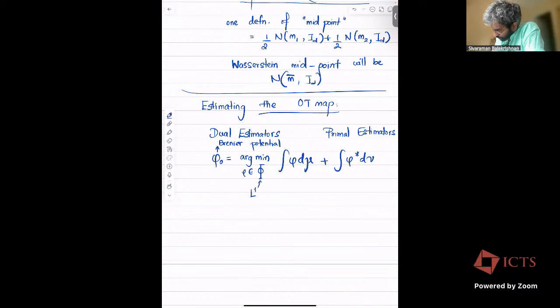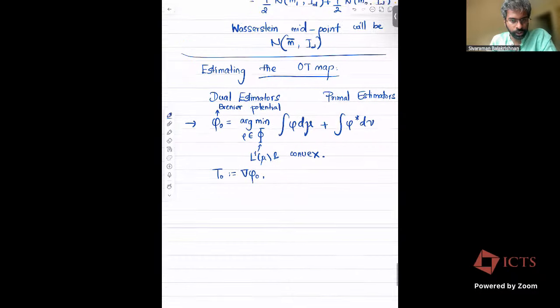At least it should be in L1(mu) and convex. So you can imagine trying to construct estimators by saying, if I knew mu and nu, I would solve this problem, I would get phi 0, and I would construct T0 by taking the gradient of this convex function.